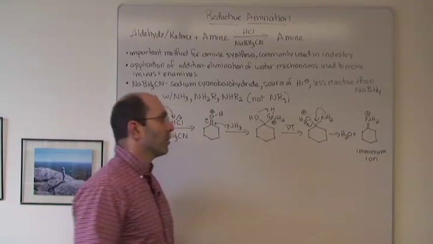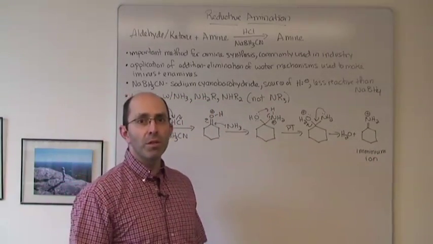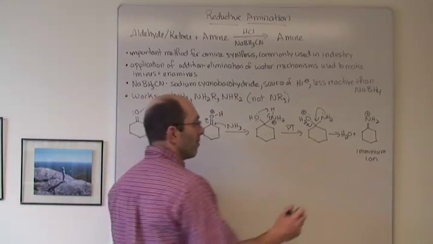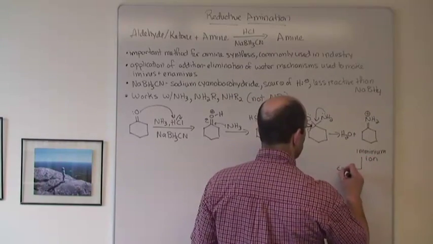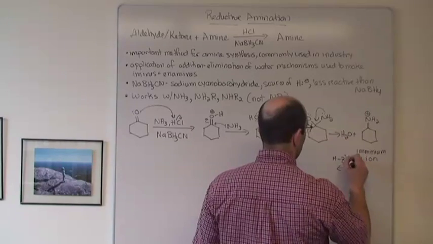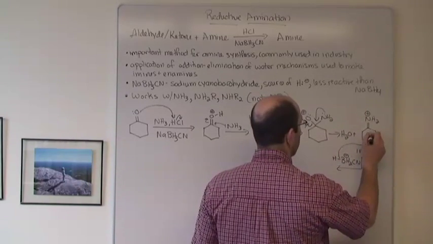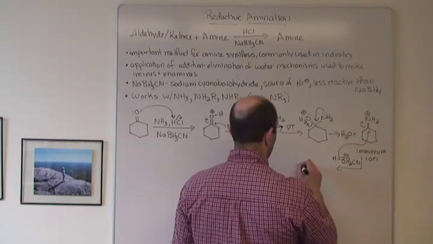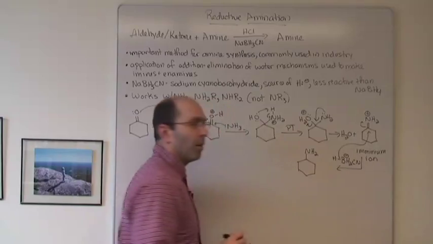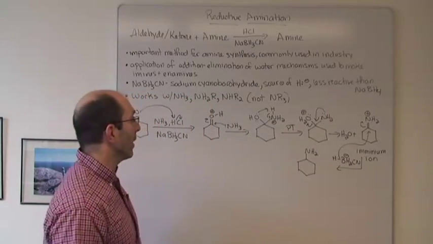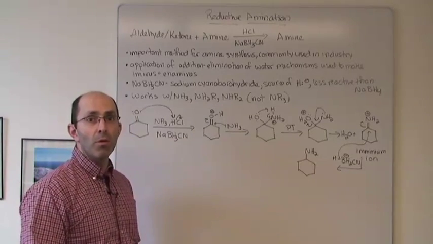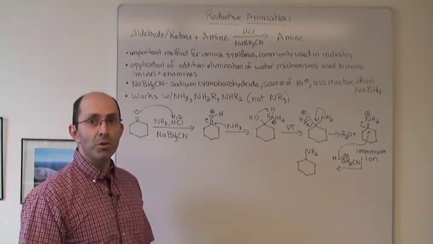If sodium cyanoborohydride was not present, then we could think about that intermediate going on to an imine or an enamine. But with sodium cyanoborohydride present, this is where the hydride can add to the aminium ion, and that gives us our amine product. So that's the mechanism for reductive amination. We do our addition-elimination of water, generate the aminium ion, and then hydride adds.